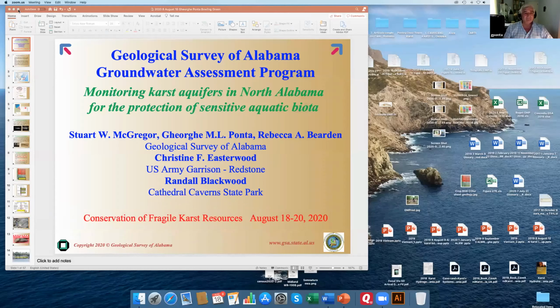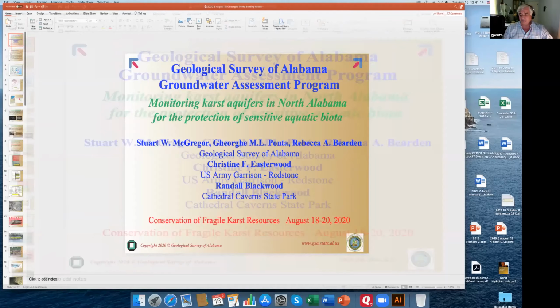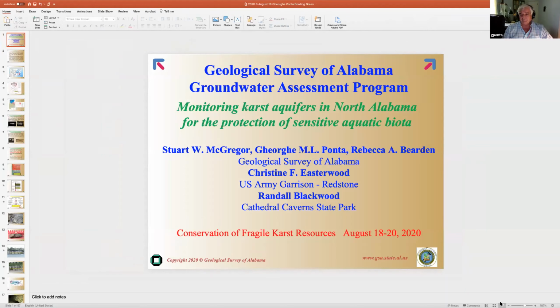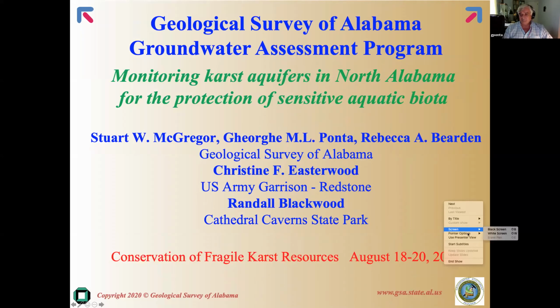Gheorghe is from Romania, and he earned his geology degree from the University of Bucharest. He worked at the Geological and Geophysical Prospecting Company and Institute of Geology and Geophysics in Bucharest. He is now in the U.S. He used to work for P.E. Lamoureux as a project manager for groundwater and water-related things.